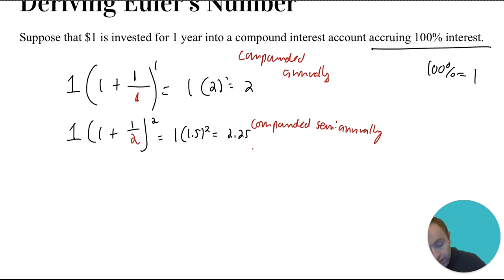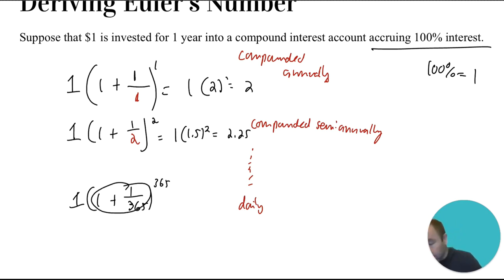So as you keep going, and if you were to compound, let's say monthly, or maybe even daily, so you would earn interest every day, your interest rate of growth would be just 1 plus 1 over 365, which is a very small percentage of growth.